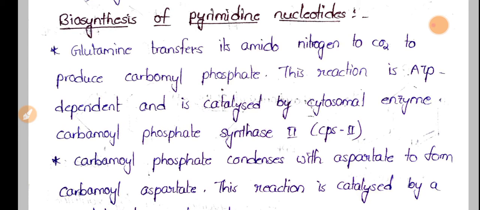In this step, the enzyme carbamyl phosphate synthase 2 helps the formation of carbamyl phosphate by combination of glutamine and carbon dioxide.